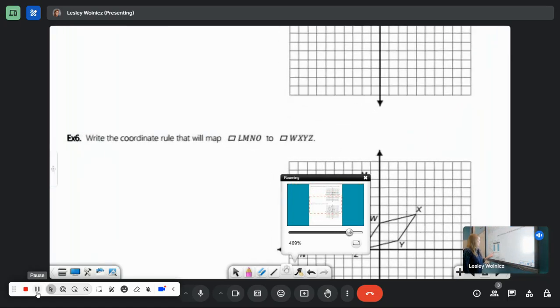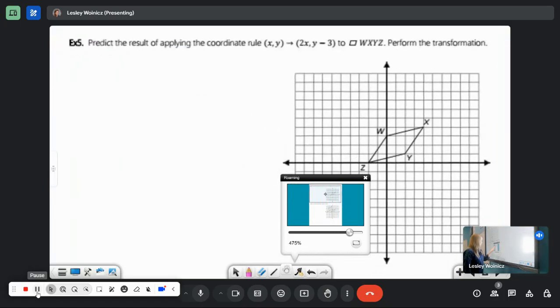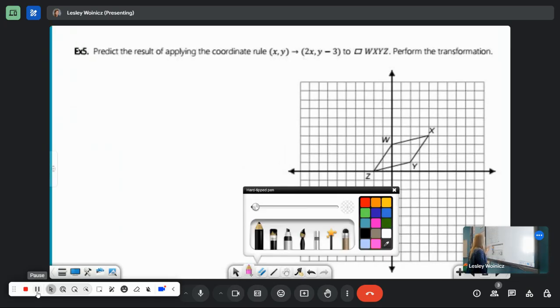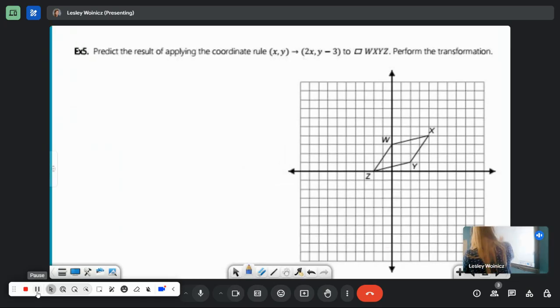Using your vast geometric experience, we're just going to predict before we try it: what do you think is going to happen if we double the x and we subtract 3 from the y's? Okay, it's going to get long. Is it going to stay in the same spot? Yeah, so it's going to stretch horizontally, and it's also going to translate down, so it'll be both.